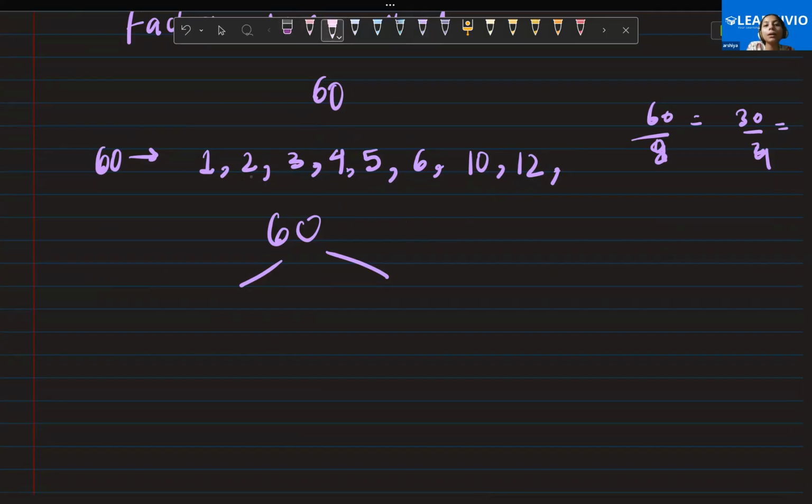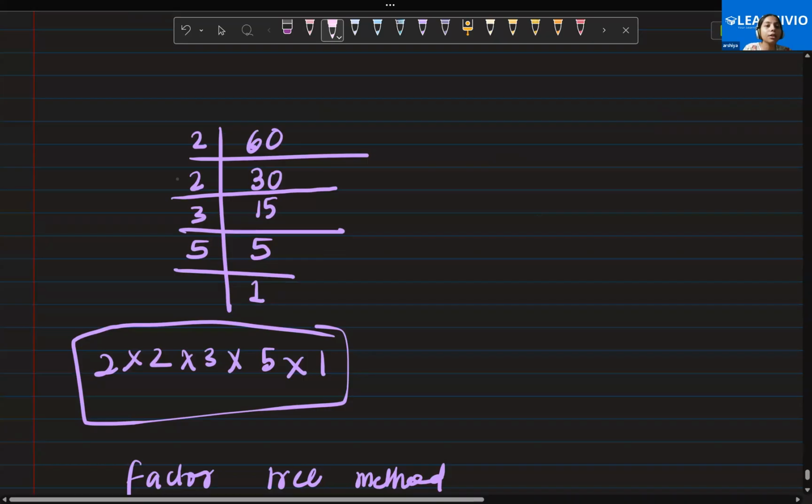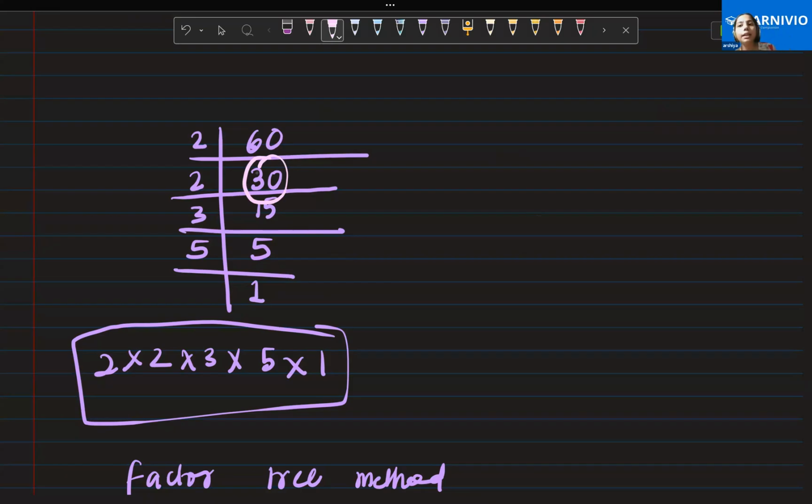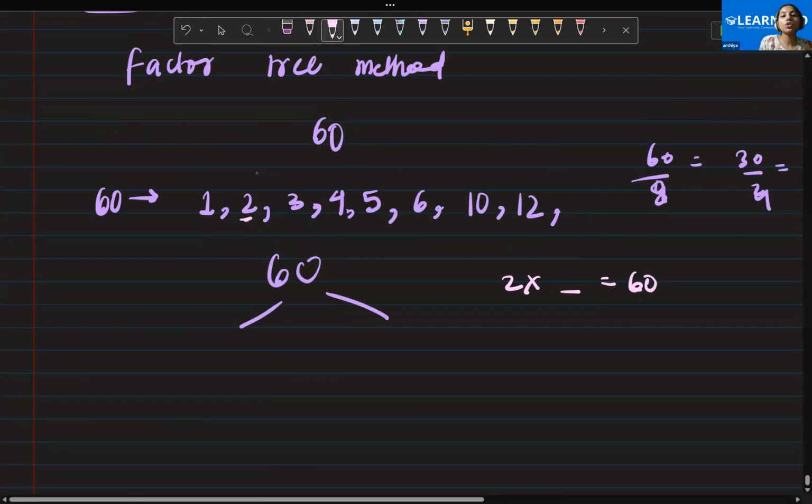So, 2 multiplied by how much is 60? What should I multiply with 2 so that I get 60? We did it here. 2 multiplied by 30 will give me 60. 2 threes are 6, right? And you just add one more 0. So, here I'll write 2 multiplied by 30.